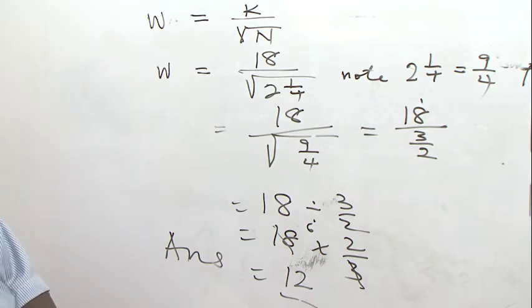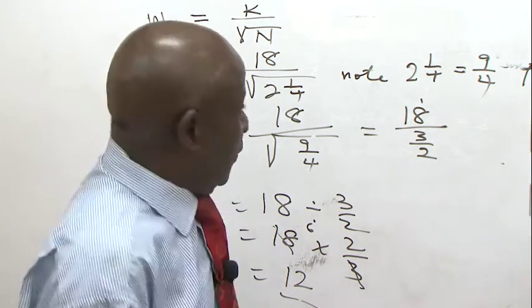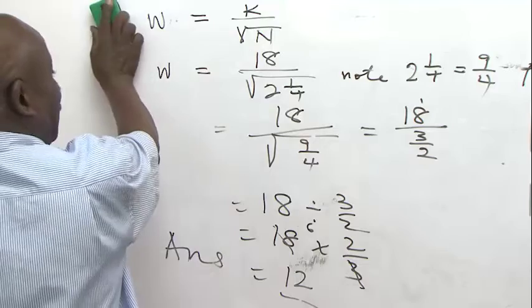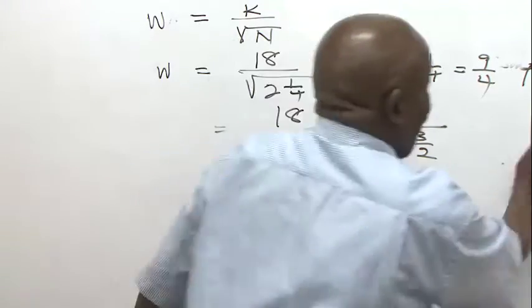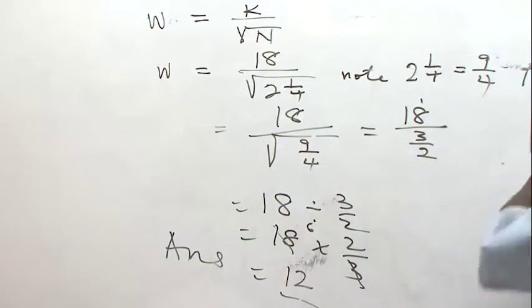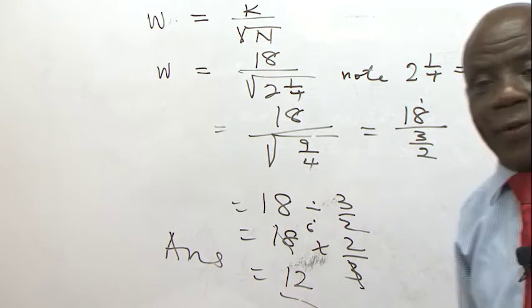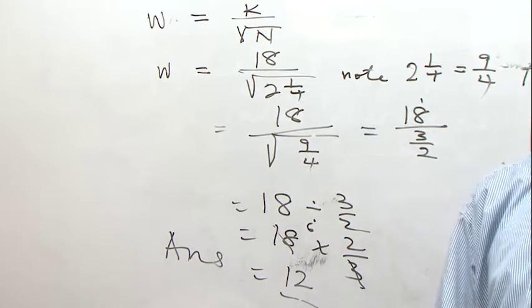Now let's move to the next one. The next one is joint variation. Joint variation. You know the meaning of the word joint. It will directly come to your mind that the variables are more than 2, because joint. Let me give you an example.